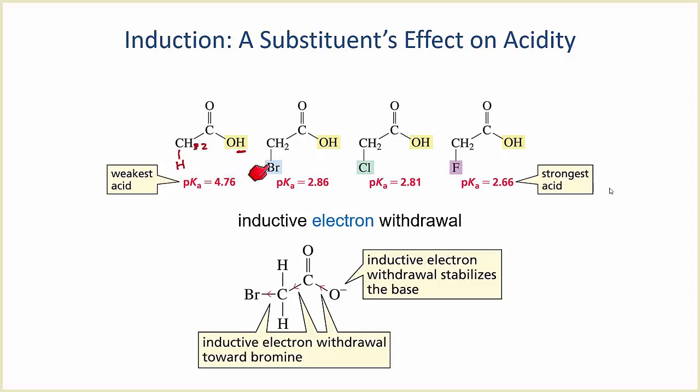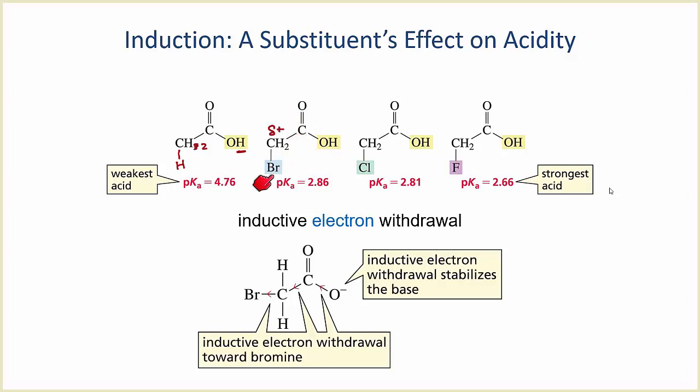So if you put a bromine there, it's 2.86. Now, if it's just a hydrogen, it's 4.76. Bromine is more polarizable and more electronegative than carbon, and what that causes is a positive charge on this atom here. You think about electronegativity differences or polarity there. And that positive charge through the bonds, which is what they're showing here, stabilizes the negative charge here.